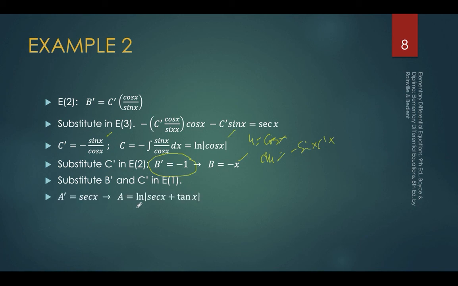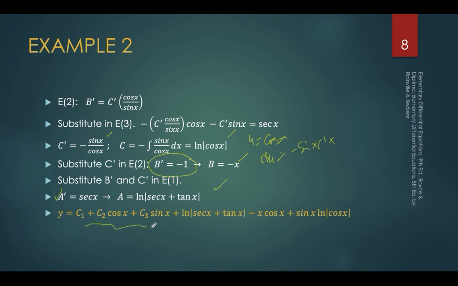And then since we have b prime and c prime from equations e2 and e3, we now substitute in the first equation. Okay? And that gives you a prime equals secant x, whose integral is ln of secant x plus tangent x.